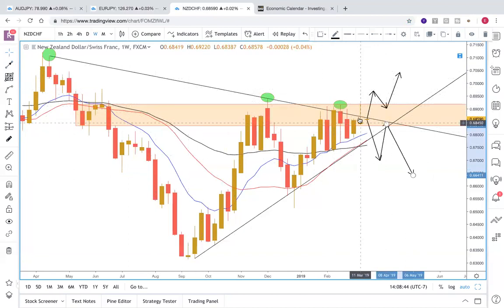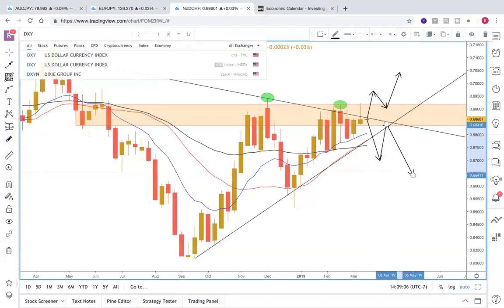So just waiting for this breakout. As of right now, it's looking like we're getting a rejection from this area. So just keep an eye on it. If price breaks above, wait for the pullback to buy. If price breaks below, wait for the pullback to sell. So it's pretty simple.